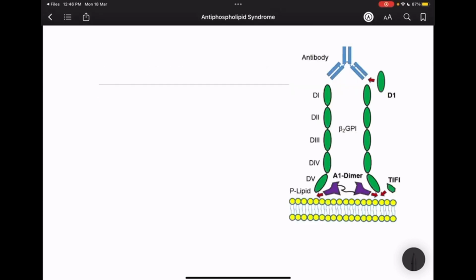Before we talk about the pathogenesis of antiphospholipid syndrome, we're gonna briefly cover beta-2 glycoprotein. Beta-2 glycoprotein is a 43 kilodalton glycoprotein, and it consists of 326 amino acids. That's not important to memorize for sure, but the most important part is that beta-2 glycoprotein consists of 5 domains.